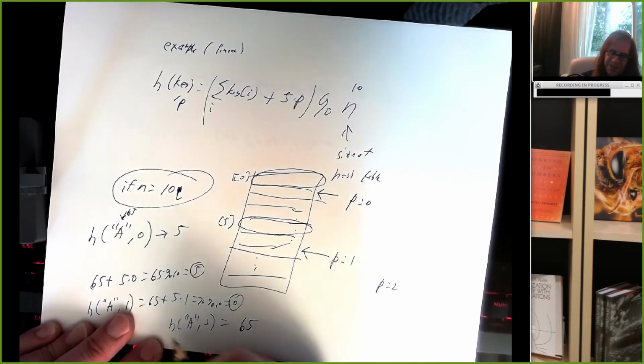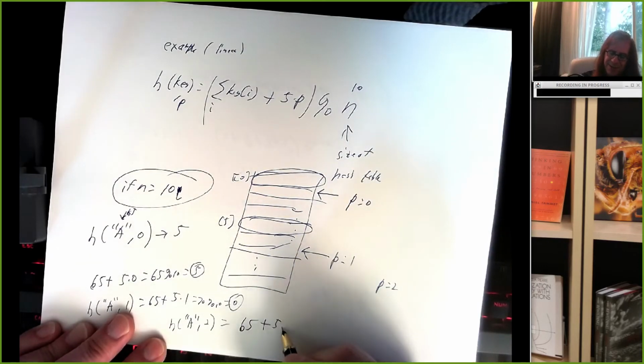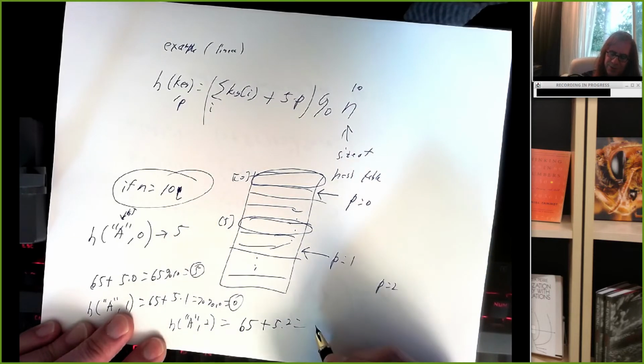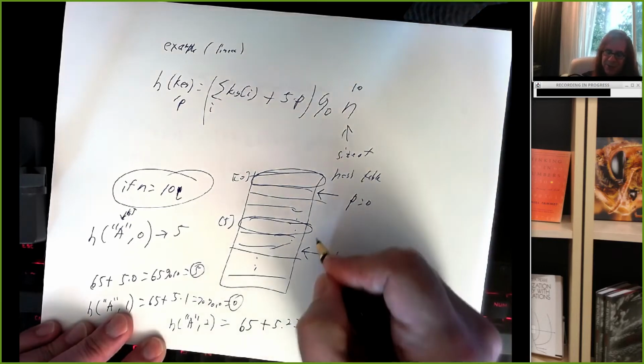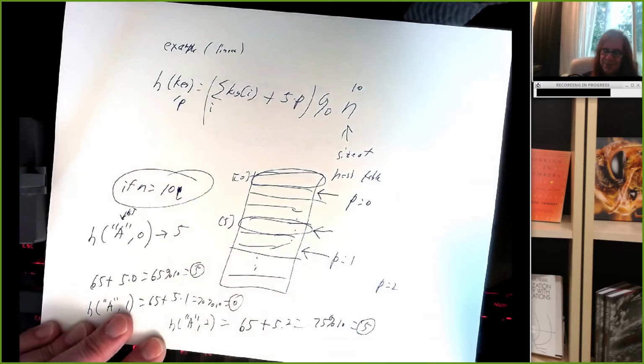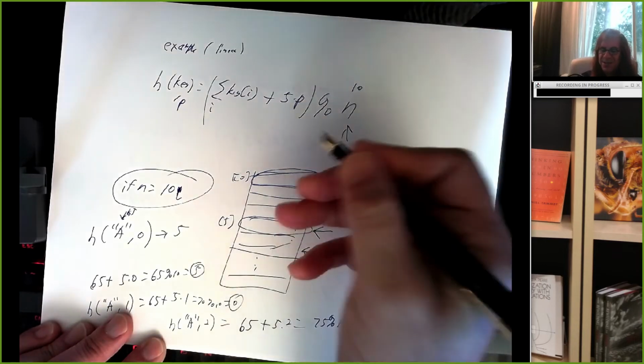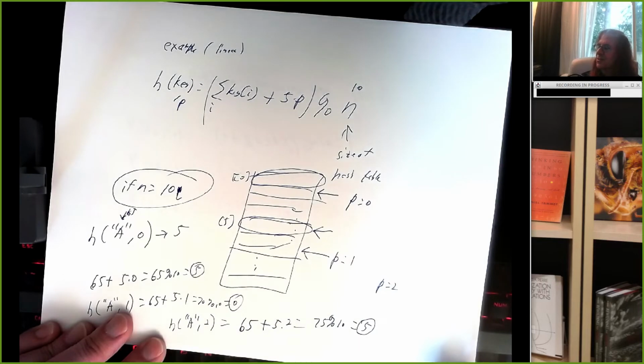This is going to be the ASCII code of A, 65, plus 5 times our probe number, which is 2, which is going to give us 75, and when we reduce that modulo 10, we're going to get 5 again. And so our third attempt is going to try this spot. So you're going to get a lot of 0, 5, and 10. And 10 is actually 0, because 10 mod 10 gives us a 0. So we're just going to get 0s and 5s.